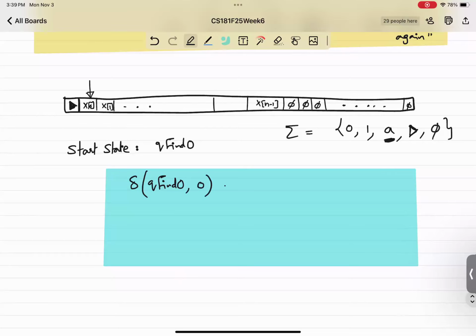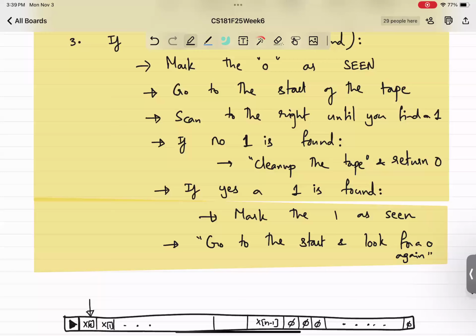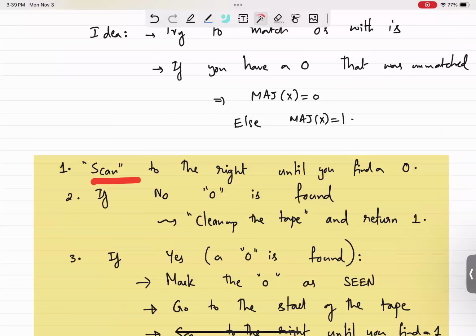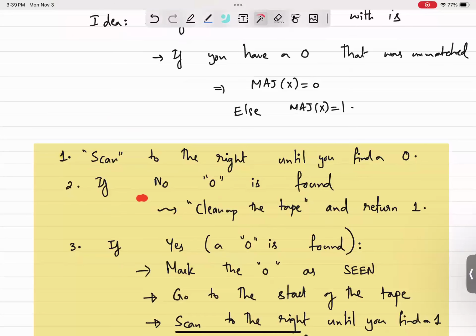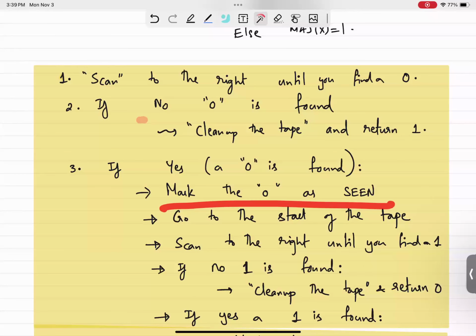If I see a 0, then what should I do? Scan to the right until you find a 0. I found a 0. So then you say, mark the 0 as seen, go to the start of the tape.